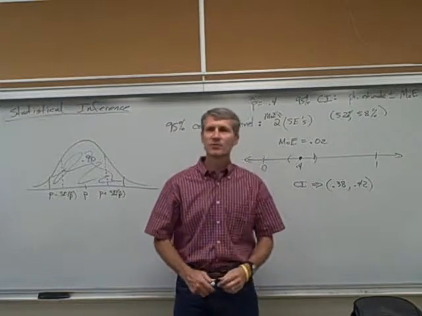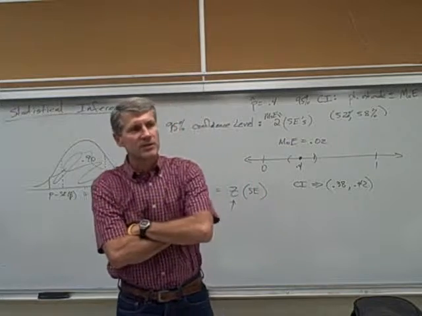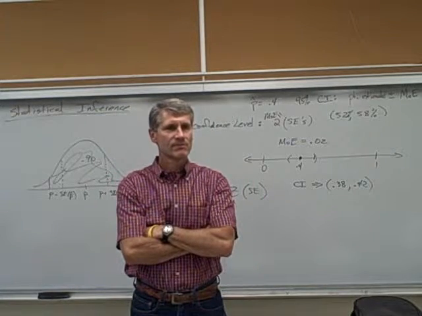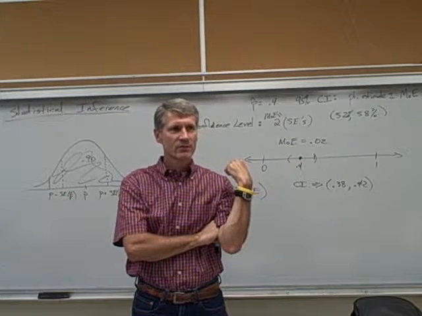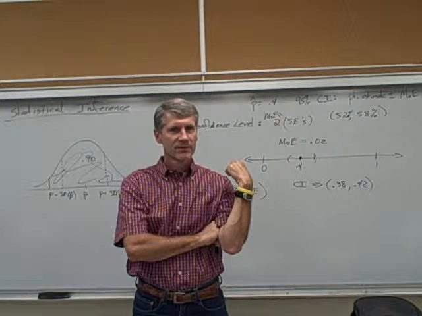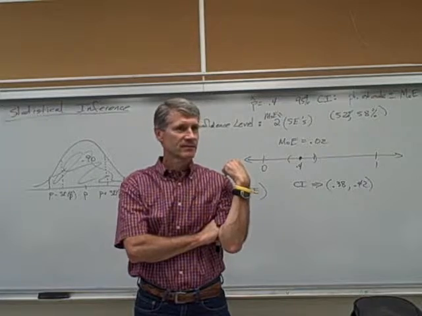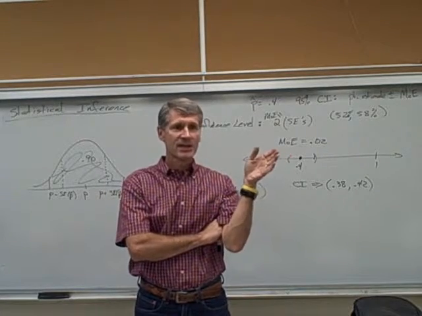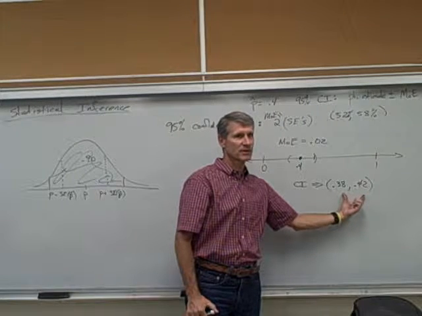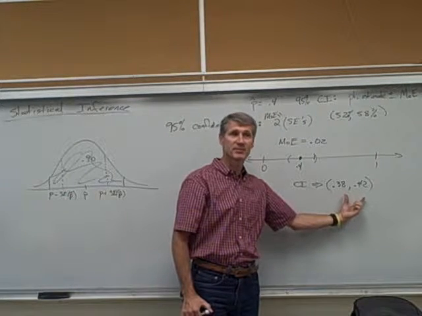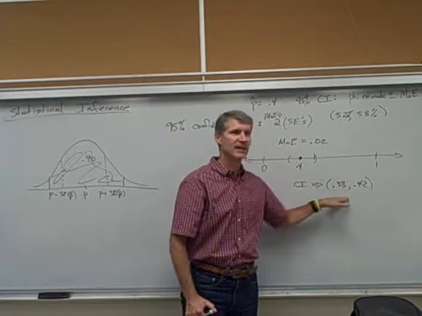Is it safe to assume that less than a majority of the population support this law? Yeah, because the confidence interval excludes what? What would a majority be? Numbers bigger than 0.5. And there are no numbers bigger than 0.5 that are plausible. The confidence interval contains all the plausible values, and 0.5 isn't in there.